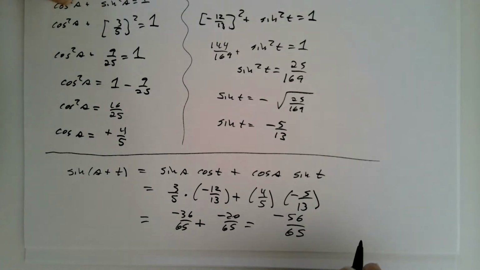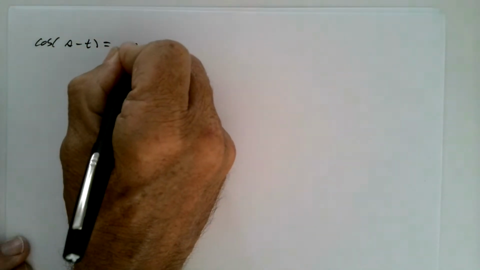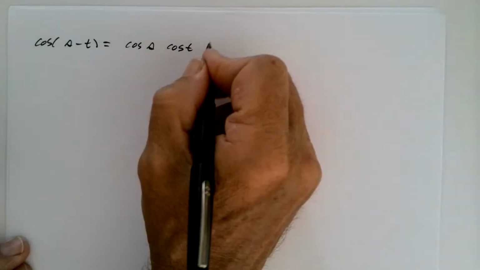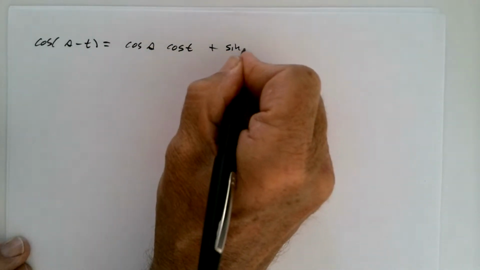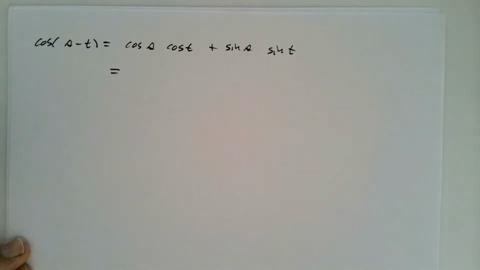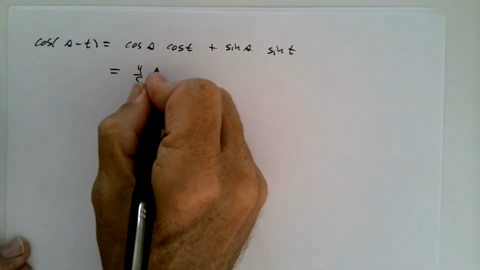And similarly, we need to figure out cos of S minus t. Cos of S minus t is cos S cos t plus sine S sine t. Cos S is 4/5. Cos t is negative 12/13.